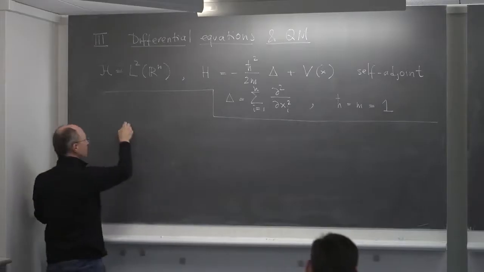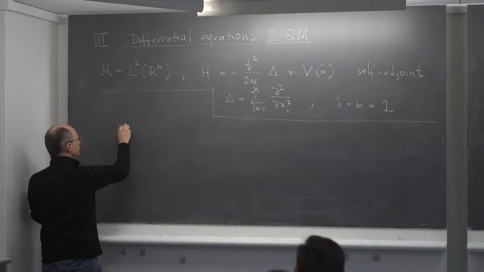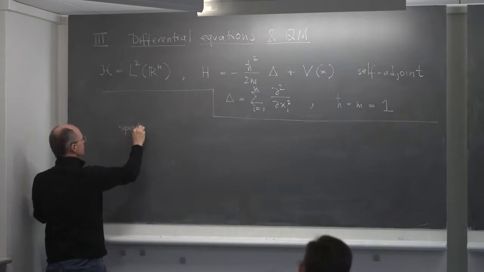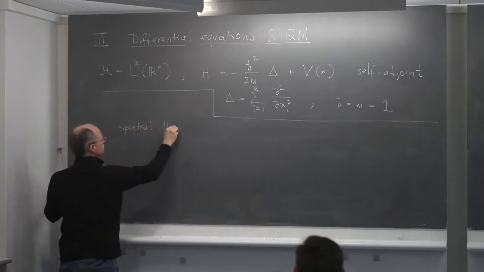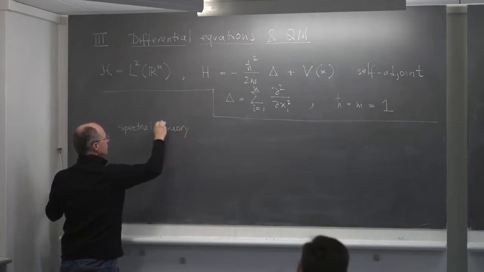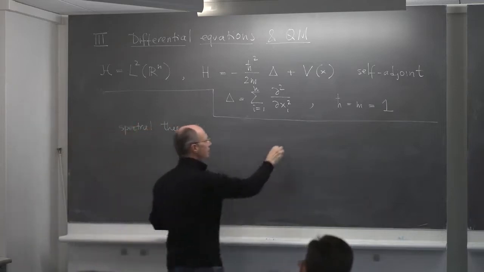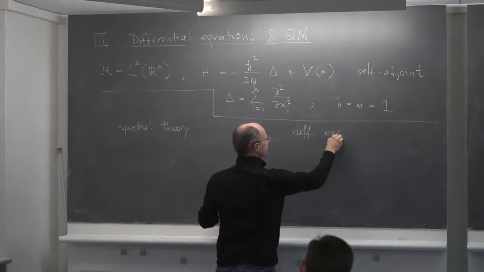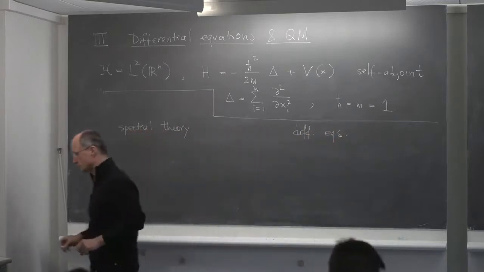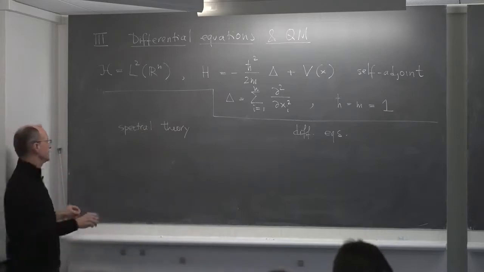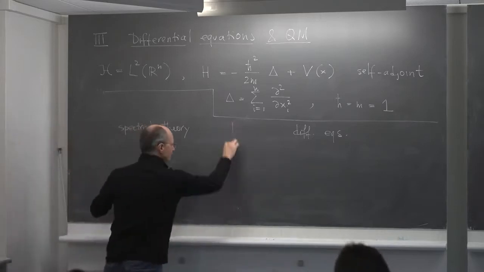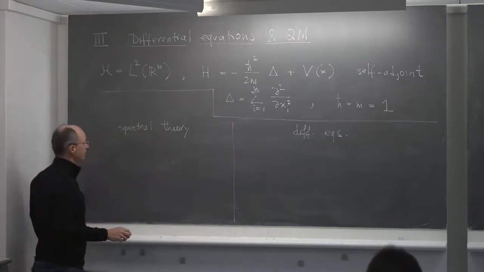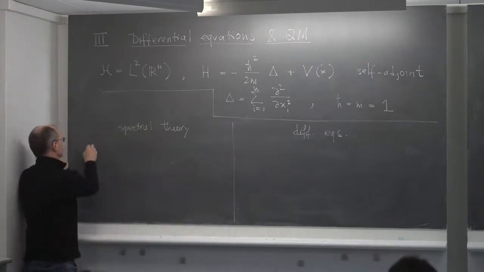So let me now give you some small table. So before we were looking at this functional analysis, or more precisely at the spectral theory. And now we're looking at the same topic from the point of view of differential equations. So let me write the same equations, but in a somewhat different context.